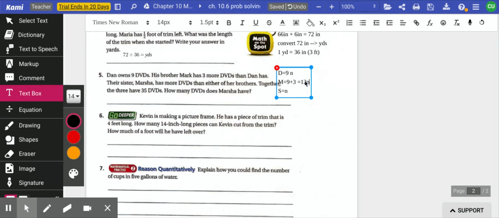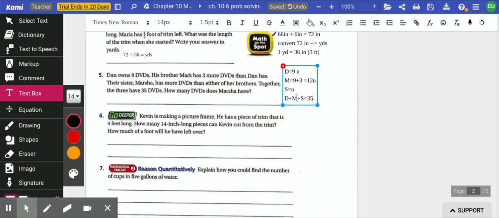I'm just going to put a number next to it. When we did this in one of the previous chapters, we drew a diagram and we did pictures for each of our variables that we had. And altogether, I know that Dan plus Mark plus Marcia all equals 35.